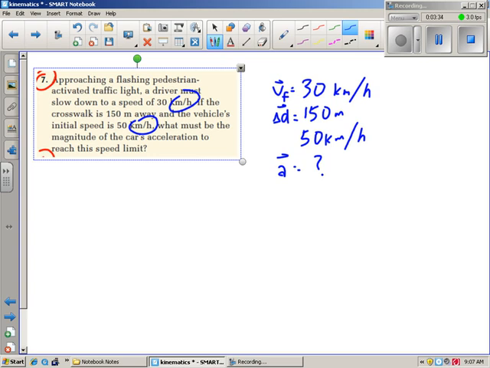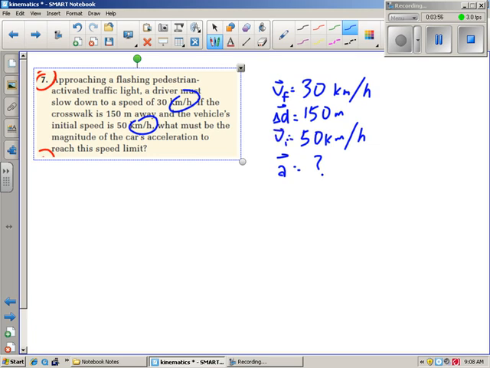Yeah, it could be distance or displacement, right? It's in the same direction as the velocity, so we know that it's in the positive direction, whatever direction that is. We can say it's displacement, but it is also distance. Since it hasn't changed direction, distance and displacement have the same value. Tell me what the 50 kilometers per hour is. It's the initial velocity, right.